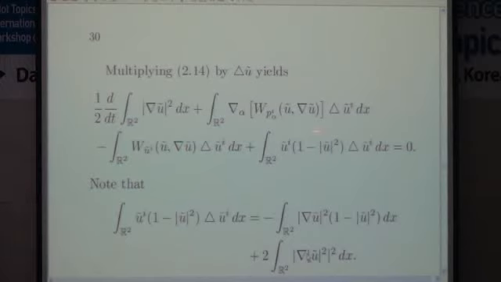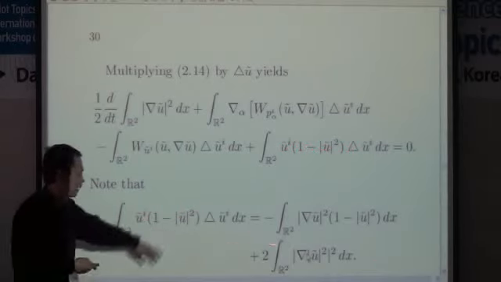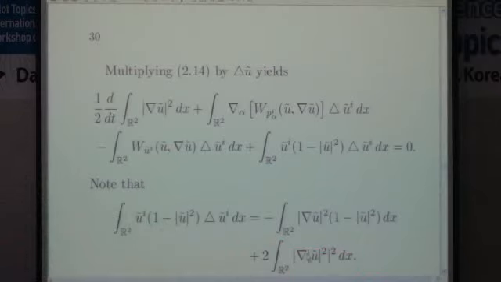And the only bad term from this part is the Ginzburg-Landau term. The Ginzburg-Landau term is like u times (1 minus u square) times Laplace u. So this is a very nice model. You just do integration by parts, and actually this guy is positive.